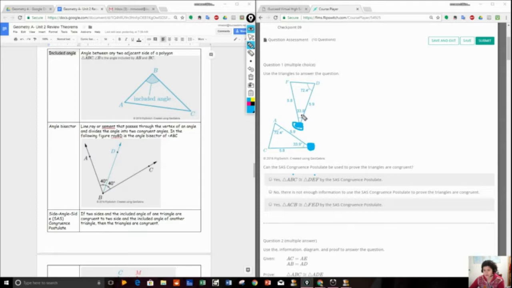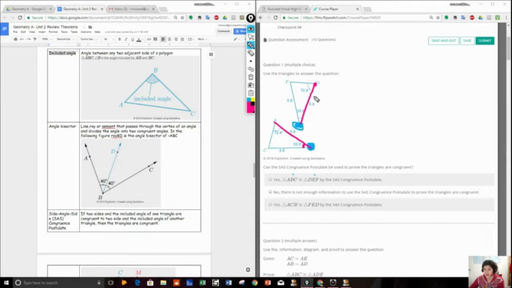Then I'm going to look at the sides that this angle touches, the adjacent sides. From B to A is 5.9, and since A's corresponding vertex would be D, the corresponding side in this triangle would be ED, which is 5.9.